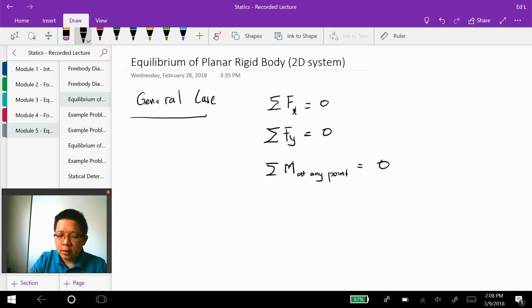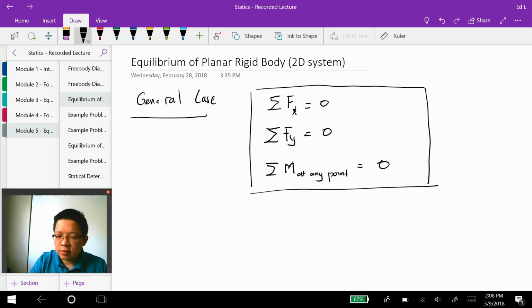These equations are formulated based on the assumption that the body is located in the xy plane. As we learned in module 4, the moment taken from any point on that plane is basically a moment about the z-axis.